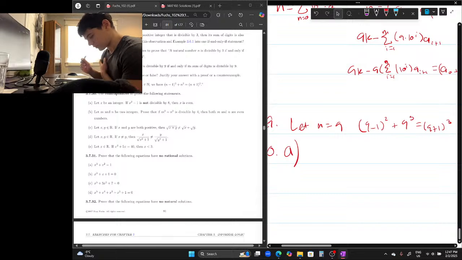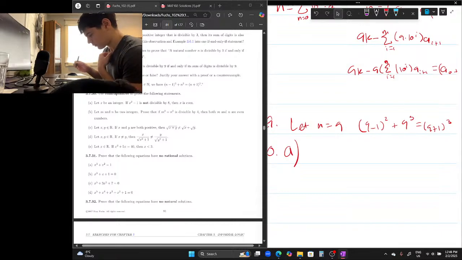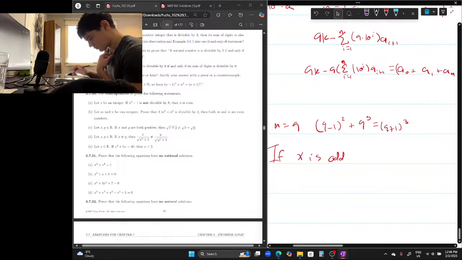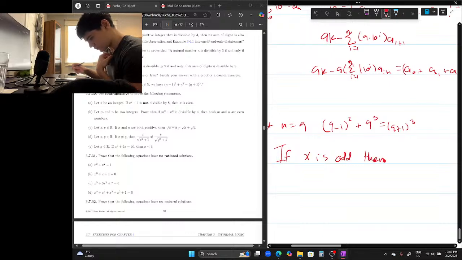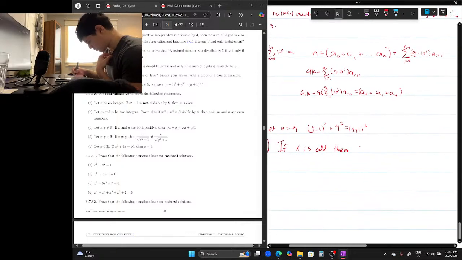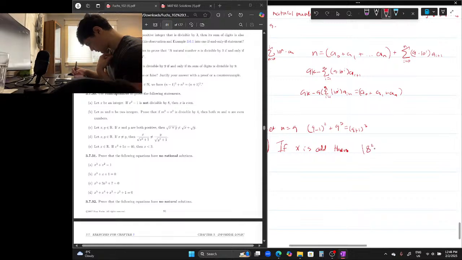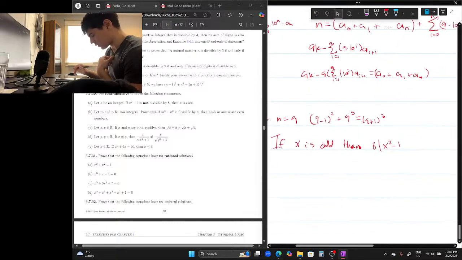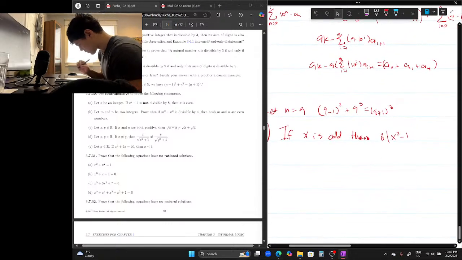Let x be an integer. If x squared minus 1 is not divisible by 8, then x is even. So if x is odd, then okay, we have x squared minus 1 is divisible by 8.